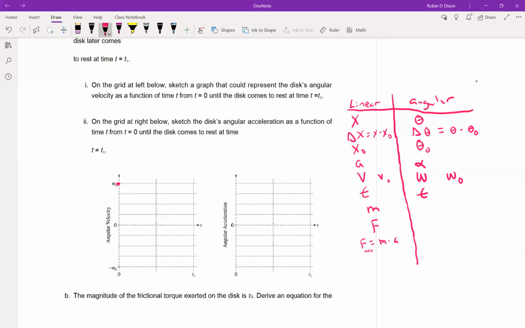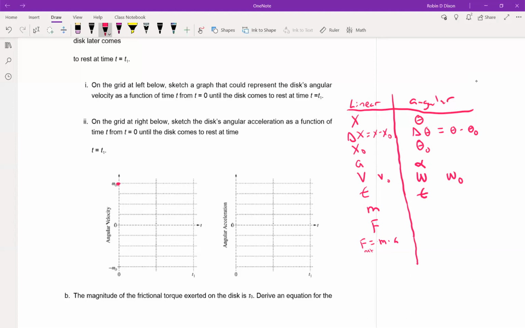Now, it's not mass when we're talking about angular things. Well, what is mass? If you recall, mass is an object's resistance to acceleration. What's more difficult to accelerate, a marble or a car?